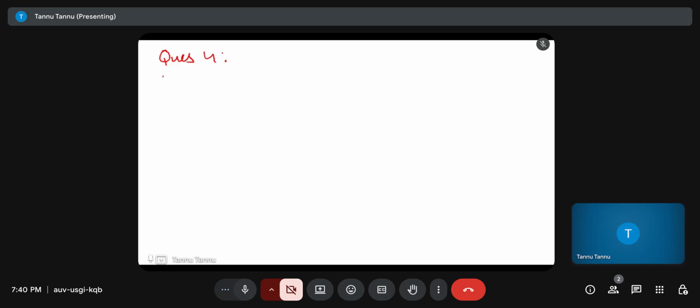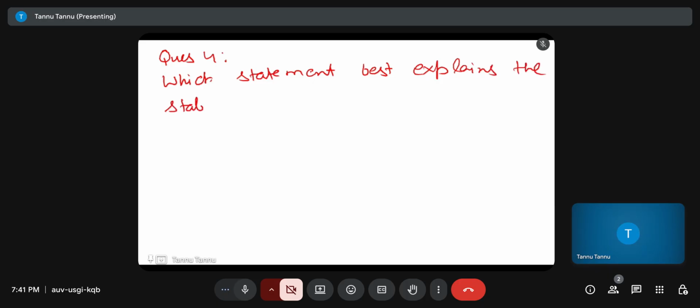Question 4. Which statement best explains the stability of ferrocene?